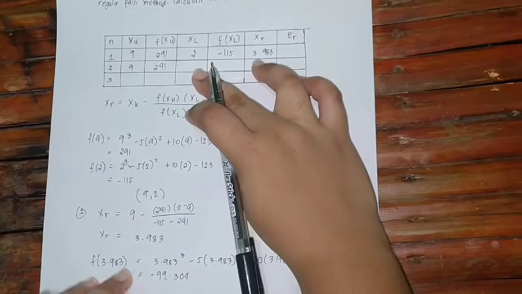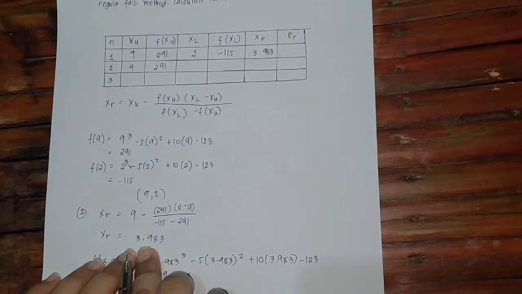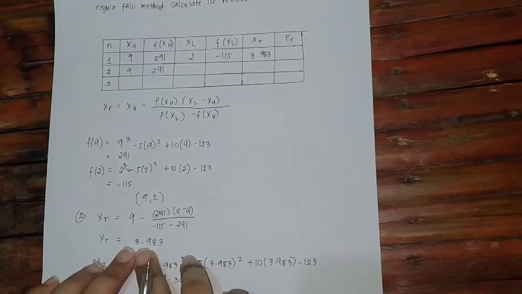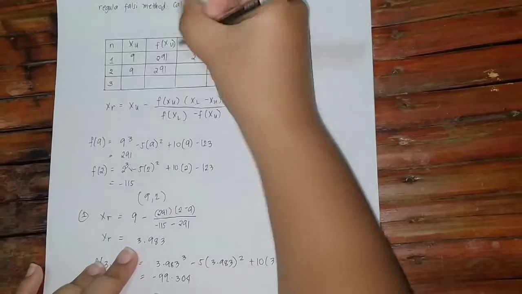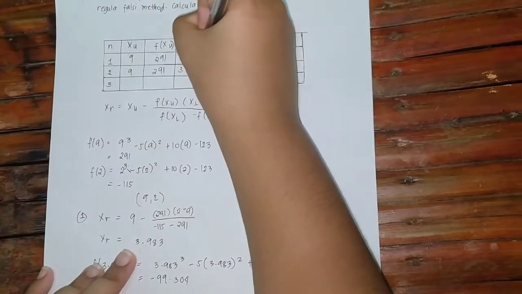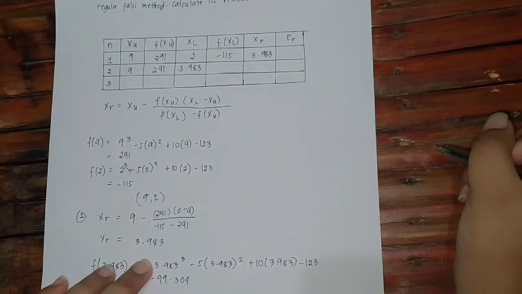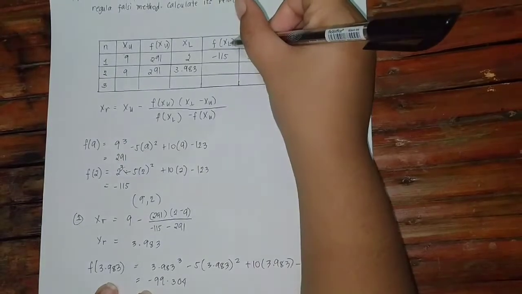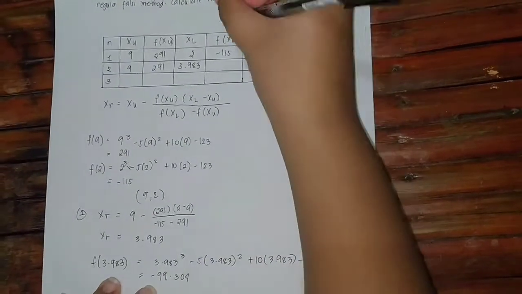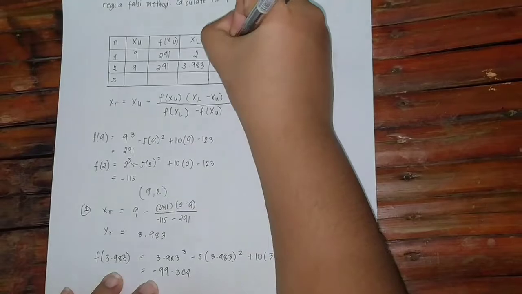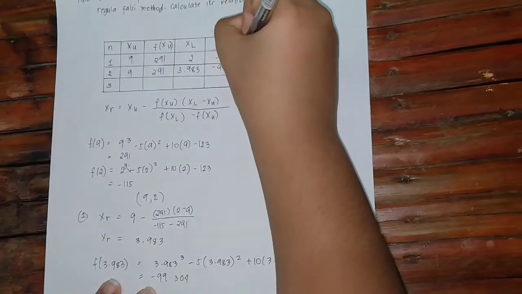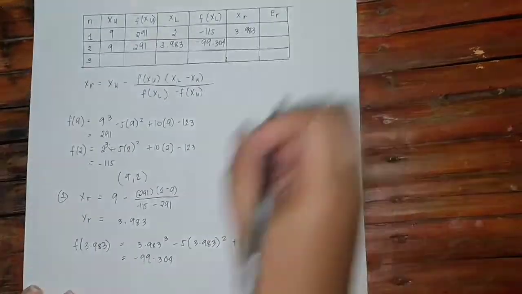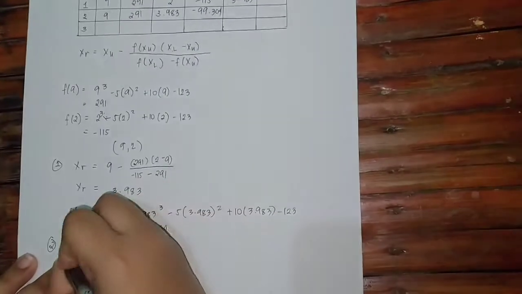The new x of l will be this, since it is still lower than the x of u. So here we put 3.983, and the f of x of l, the value of f of 3.983, is negative 99.304. Now we will calculate the second iteration.